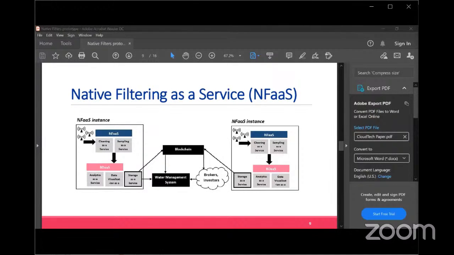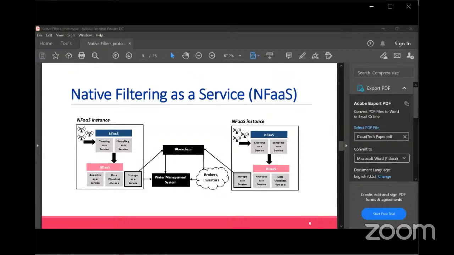It is therefore necessary to filter these data on the fly and to store only those that are relevant by producing summaries. Native filtering consists of filtering the received sensor data in a quantitative and qualitative manner in real time in order to overcome the poor data quality and the huge amount of data received.